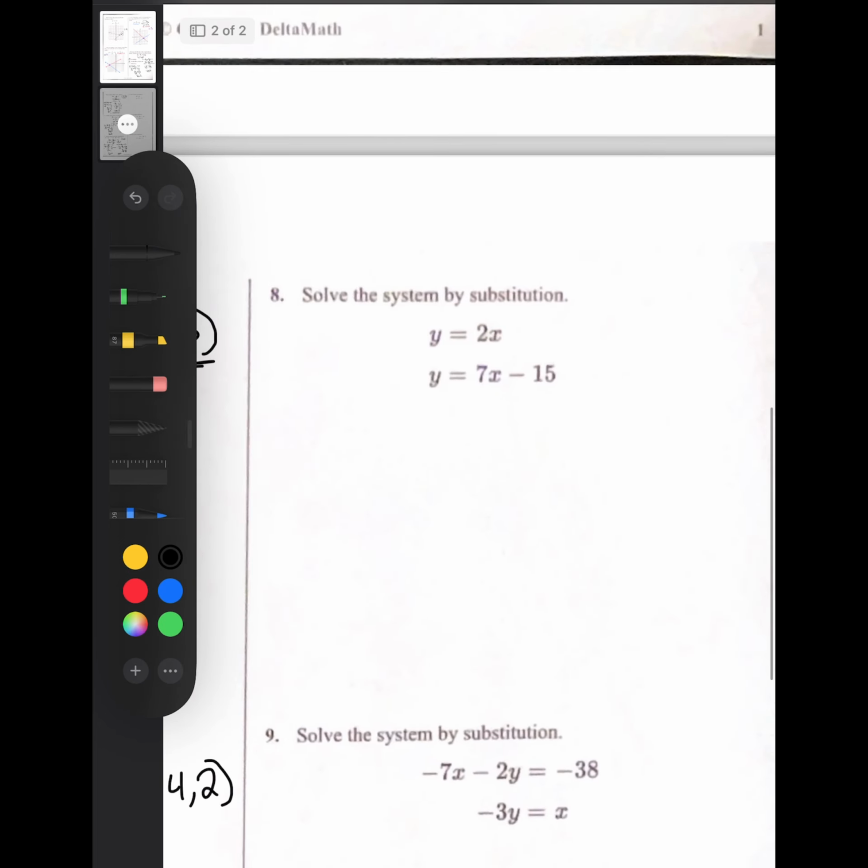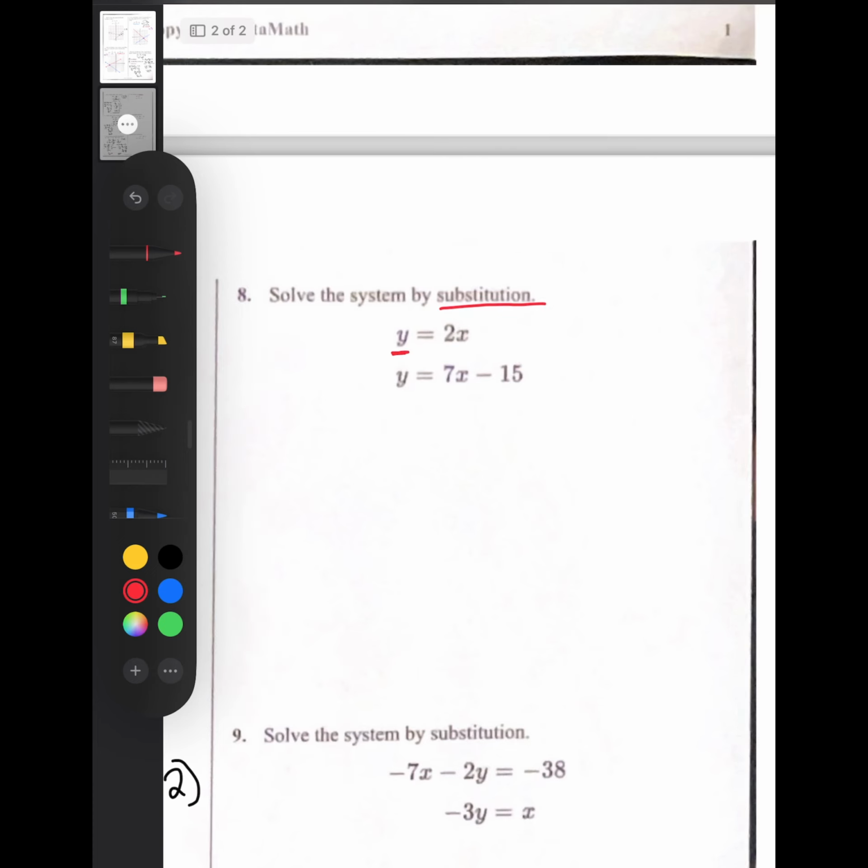Number 8. This one is telling you specifically what to use. We're going to use substitution. Now this one, they give you a y. So anytime you see a y in this equation, they want you to plug in this 2x. So this is going to equal that. So that should get us 2x equals 7x minus 15.